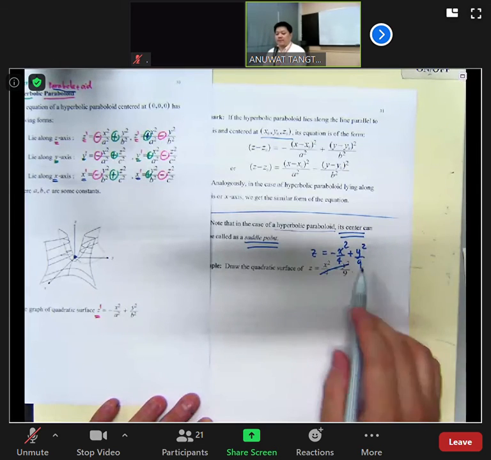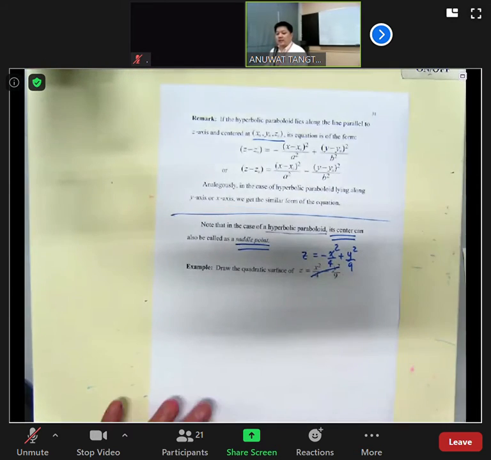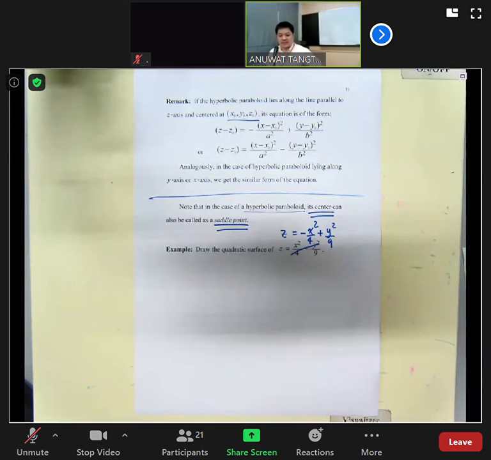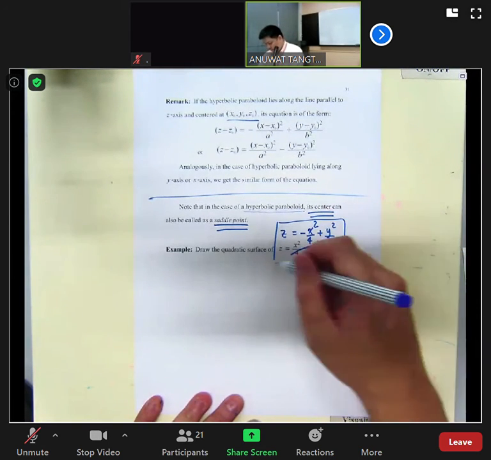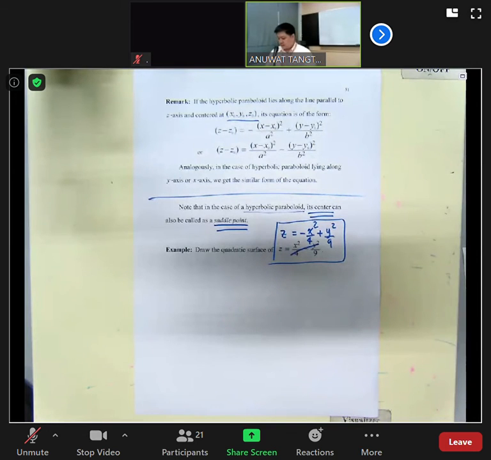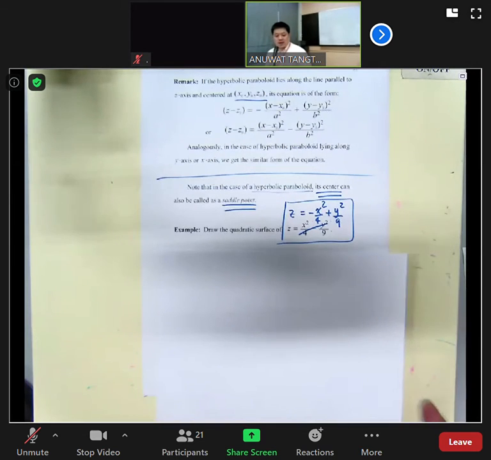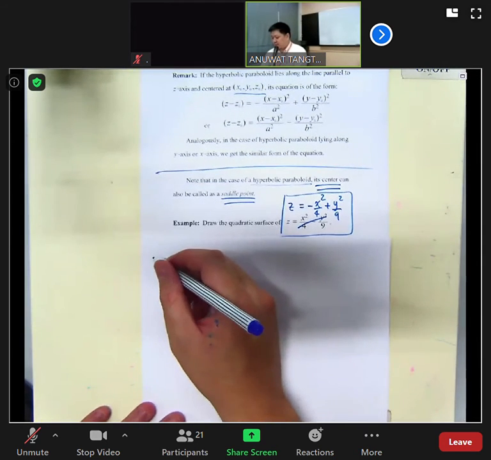It would be easier to draw. Note that the original one would be very complicated to draw. So let's begin with the traces on the three main planes.